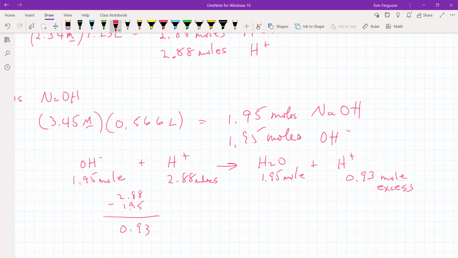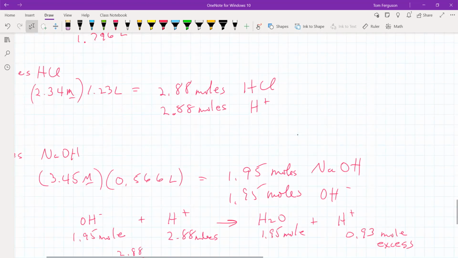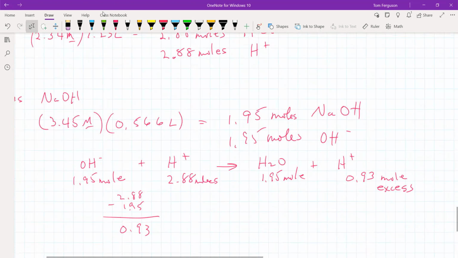Now the water doesn't contribute to the concentration of H plus. That's already used up. So now we have in our solution here, was it 0.93? Oops.